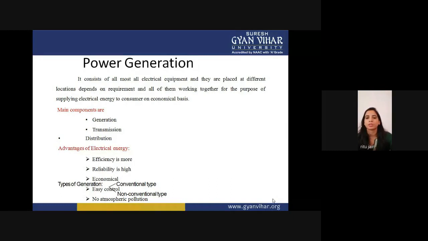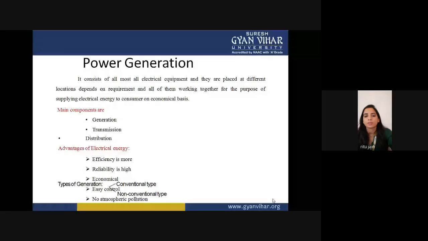What is power generation? Power generation means the generation of electricity in technical terms, and the procedure followed, or the place where electricity is generated, is called the generating station. After that, the electricity which is transferred from one place to another is transmission.